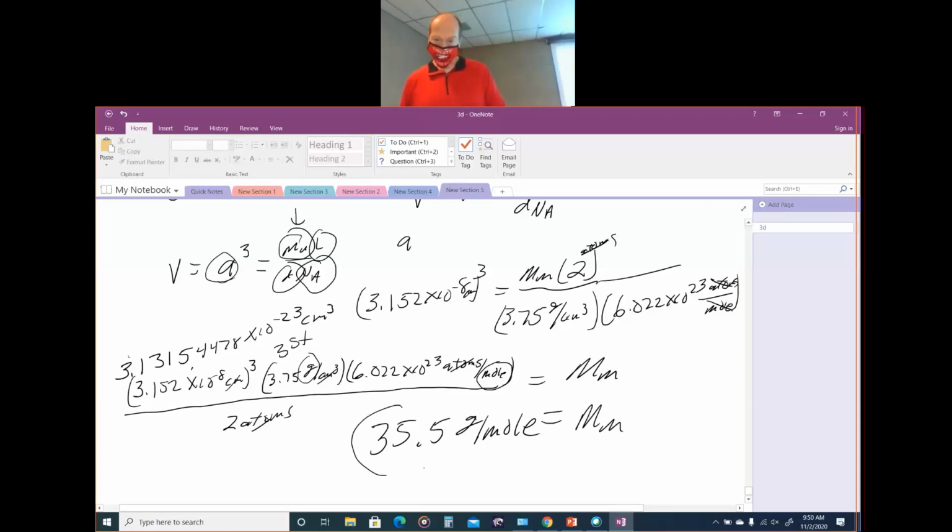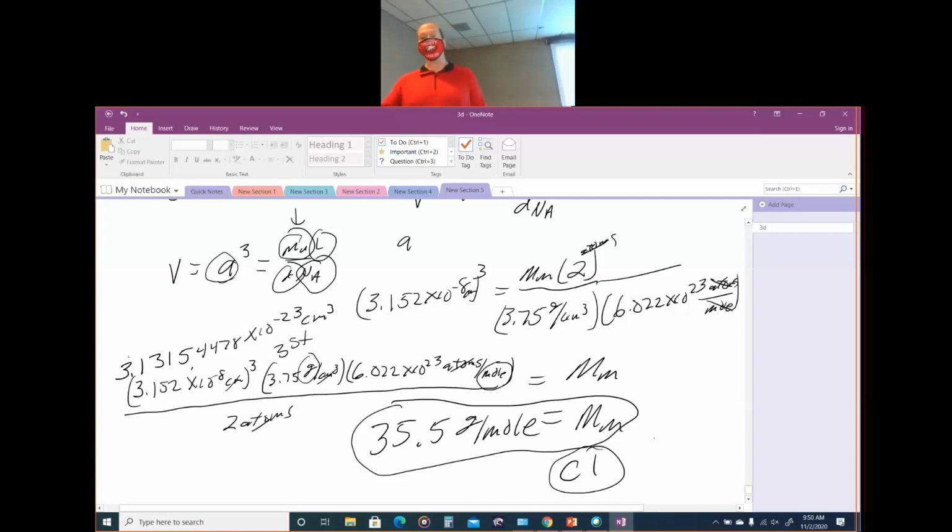All right, and so this was a made-up question, and then I would say, what atom is it? And then you go to the periodic table, and you would see that this would be a chlorine. However, this doesn't make any sense because this is for metals. But anyway, I made up the numbers, but this is the answer you would get, and then this would match the element on the periodic table. So what element does this match?